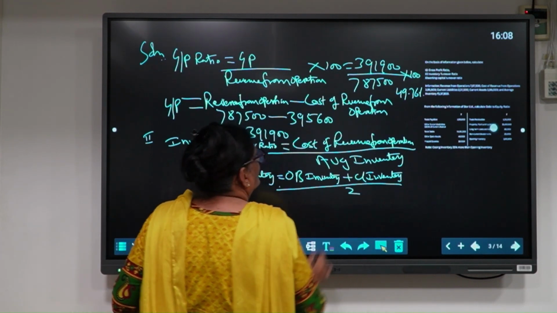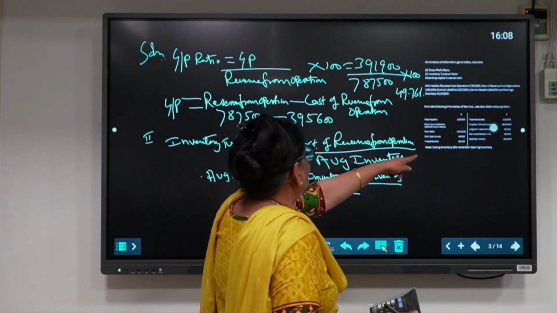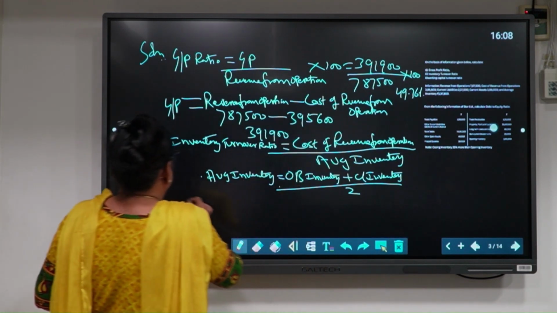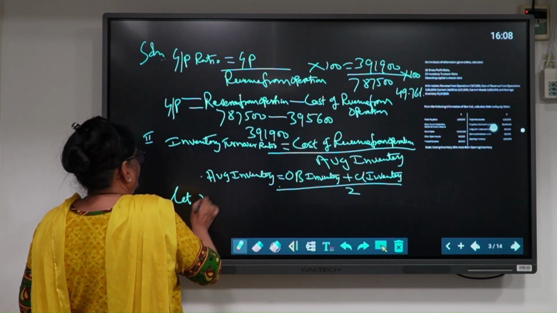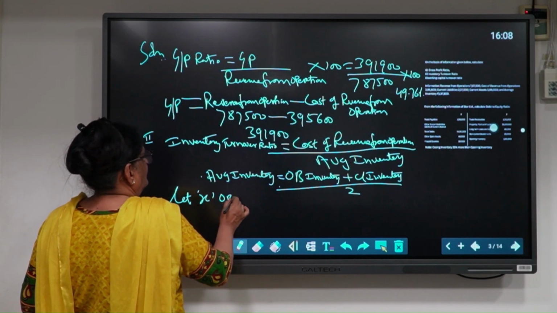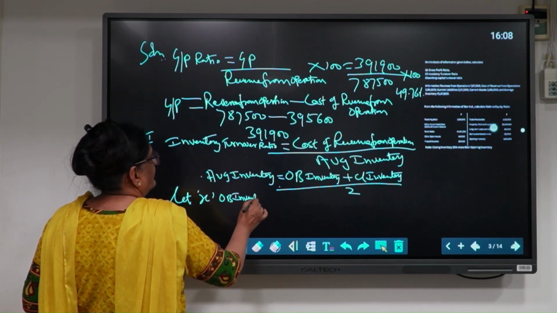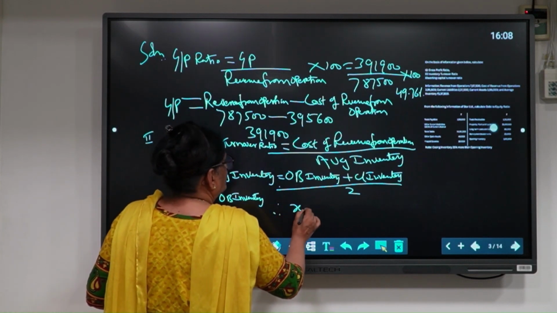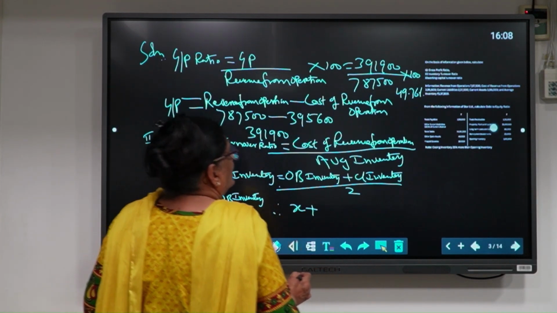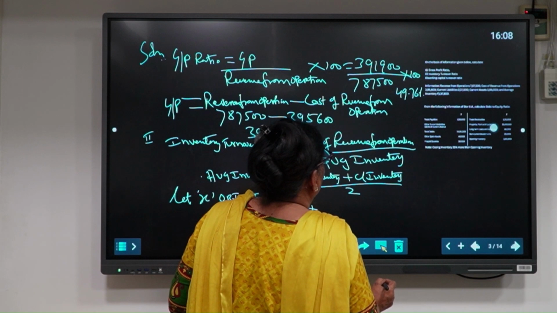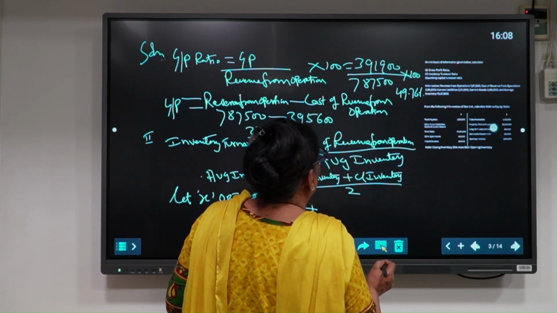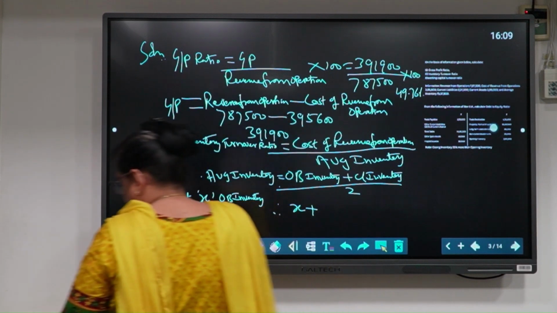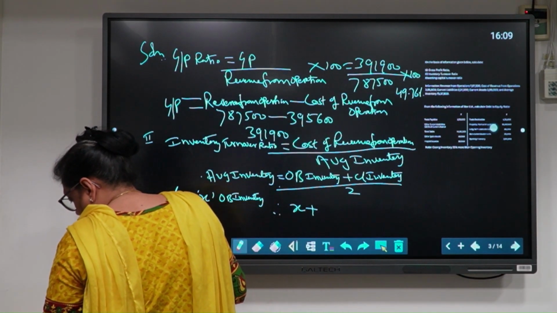divided by 2. Now note they have given that closing inventory is 25% more than the opening. Again the same: let X be the opening inventory. So therefore it is X plus 25% of X, that is 25% more than the opening inventory they have given us.